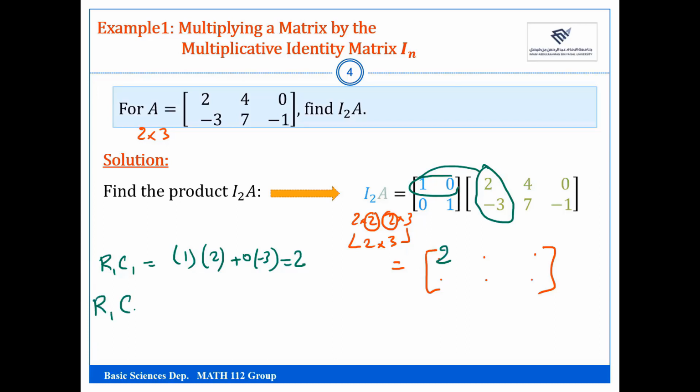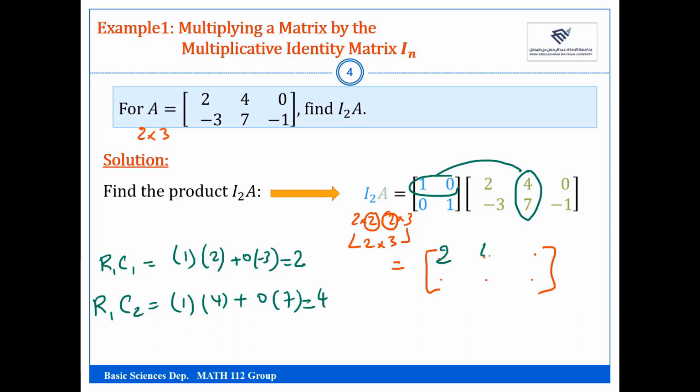R1 C2, first row second column, 1 times 4 plus 0 times 7 gives 4. Same thing, first row third column, 1 times 0 plus 0 times negative 1, this is 0.